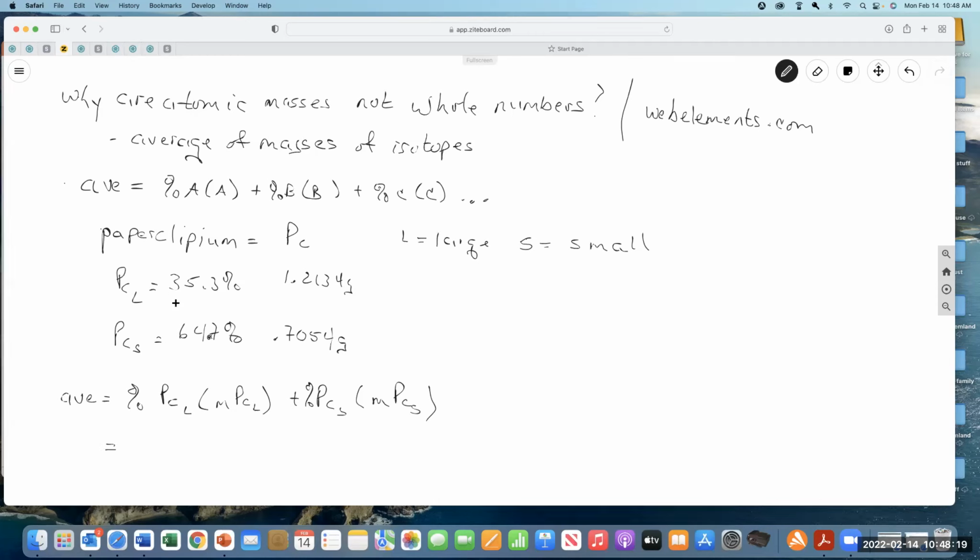So if I plug in the numbers, and remember we'll express the percentage as a decimal: 0.353 times 1.2134 grams, plus 0.647 times 0.7054.